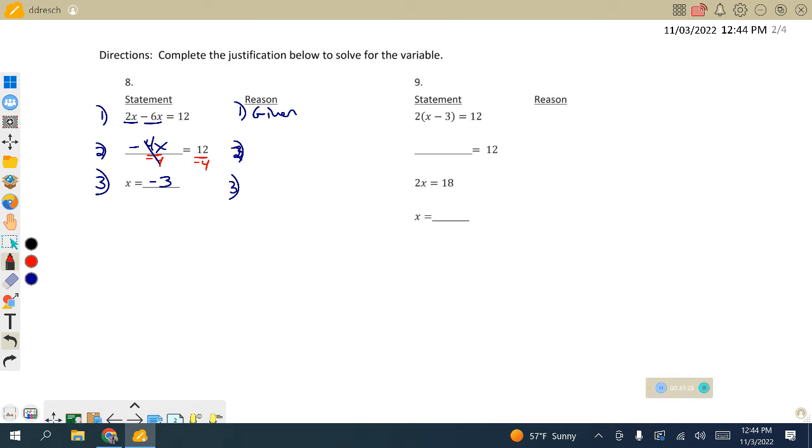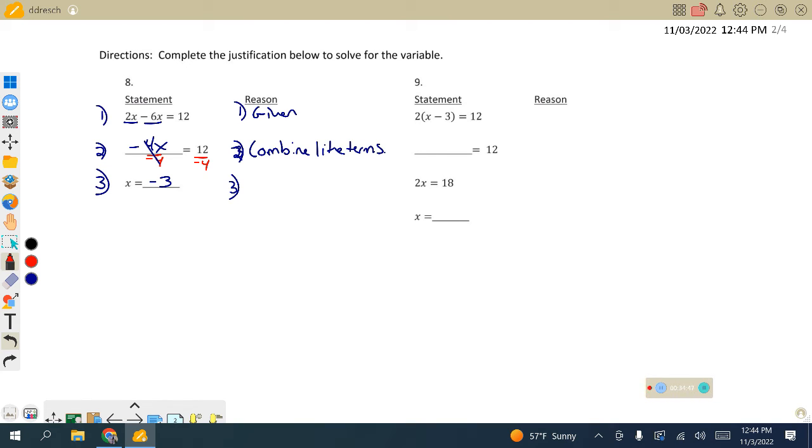We said 2x minus 6x, and then we got a -4x. What she just said there, combine like terms, is exactly what we want to state. Combine like terms. That is more than fine for a math reason.